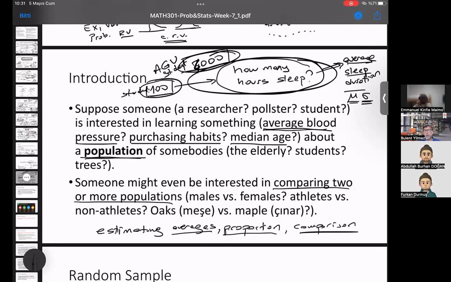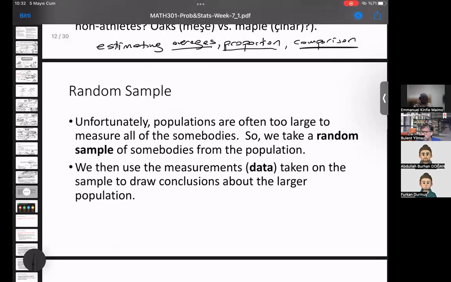So you are trying to learn something about the population, but you cannot go and ask every individual. So you select a random sample, and from this random sample you try to draw conclusions about the larger population. These data points, these measurements will help me to draw conclusions about the larger population.